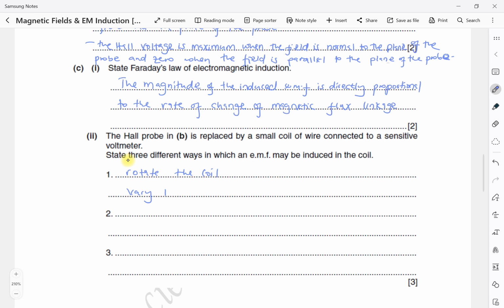Vary the current in the solenoid. By increasing its value or decreasing its value, we are changing the magnetic flux linkage, or we can turn the current in the solenoid on, off, and on.